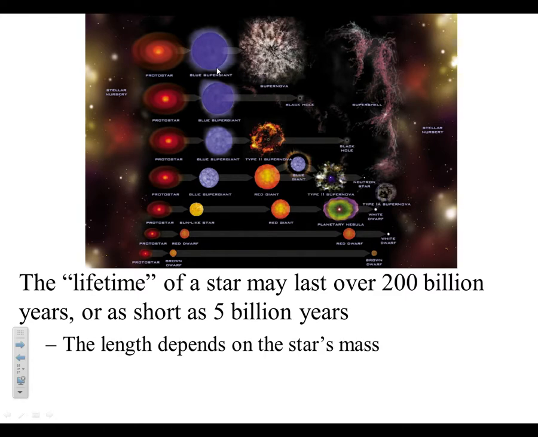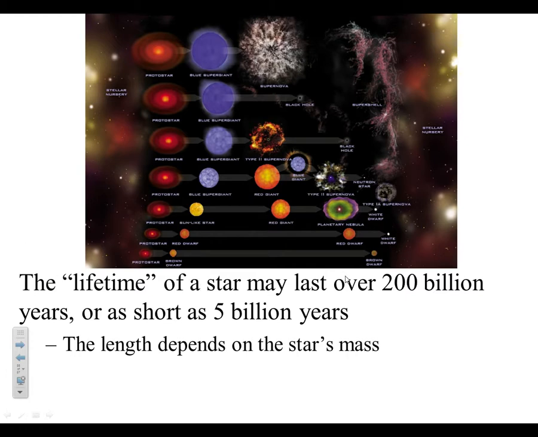Eventually they run out, it collapses again, and it explodes in a huge supernova. The center of that supernova may then collapse into a neutron star or a black hole. So you see the high mass, we kind of jumped around a little bit here to try to get all those parts in.